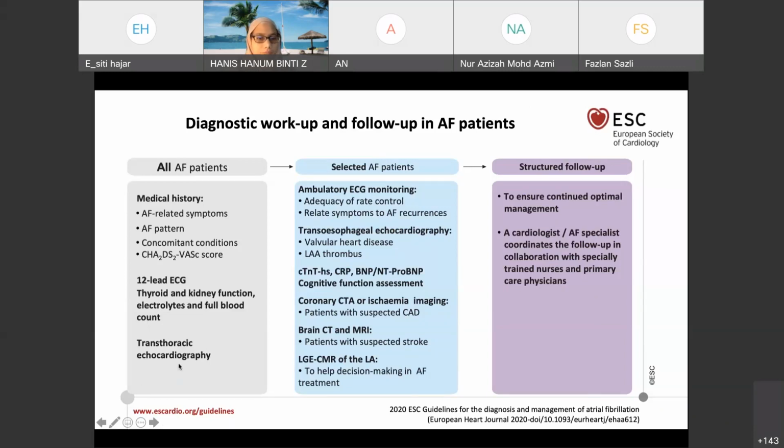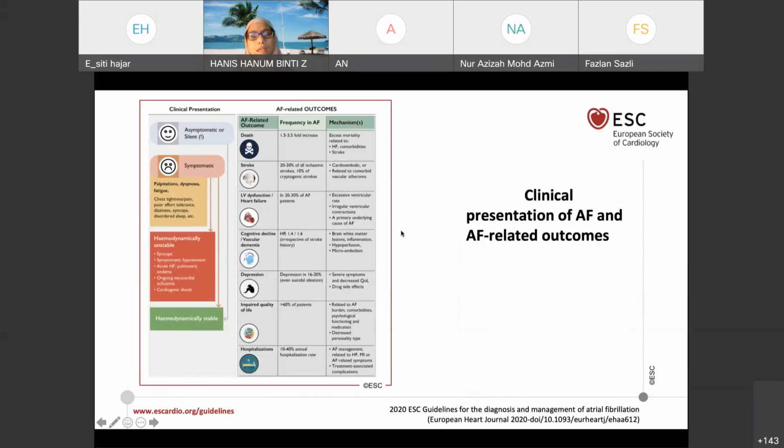But this is not too common in your hospital setting. In the government hospital setting, kita jarang buat transthoracic echocardiography.